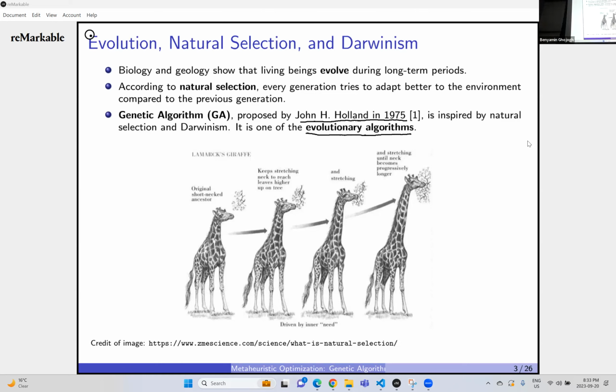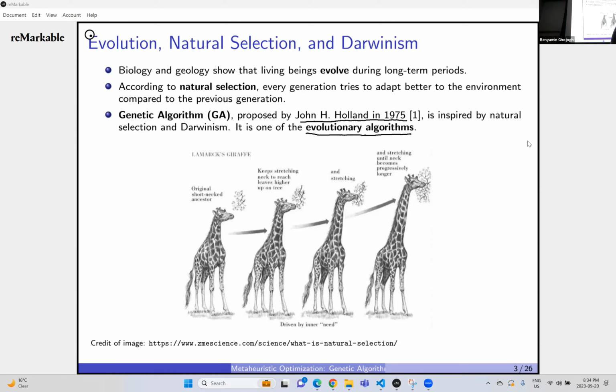Giraffes, initially they conjecture, had small necks, but their necks grew gradually to become longer. Why? Because some of the giraffes had longer necks and they could survive because they could eat the leaves on the trees better.